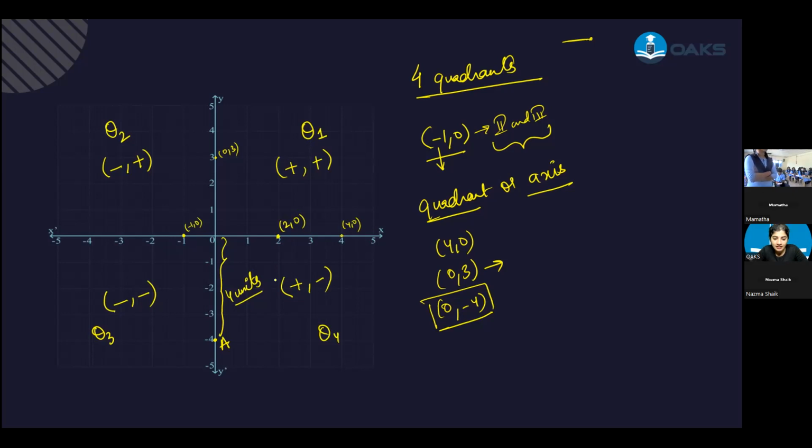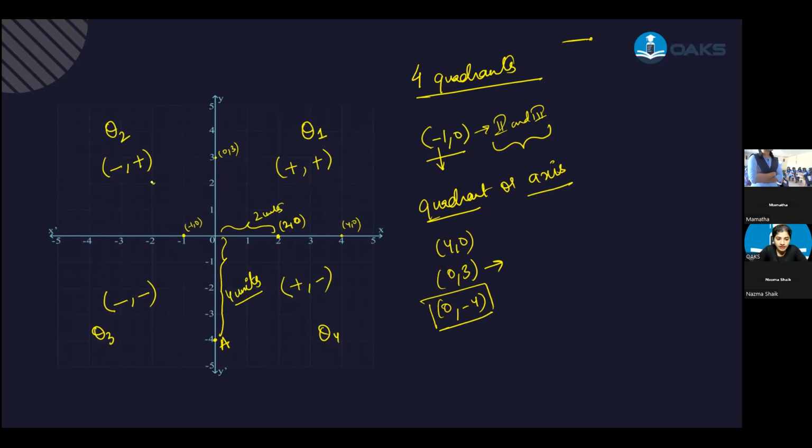Can you say it again? 4, madam. See, 2 comma 0 is this point and this is y-axis, right? So what will be the distance from y-axis? 2, madam. 2, right? Not 4, it is 2. So 2 units.